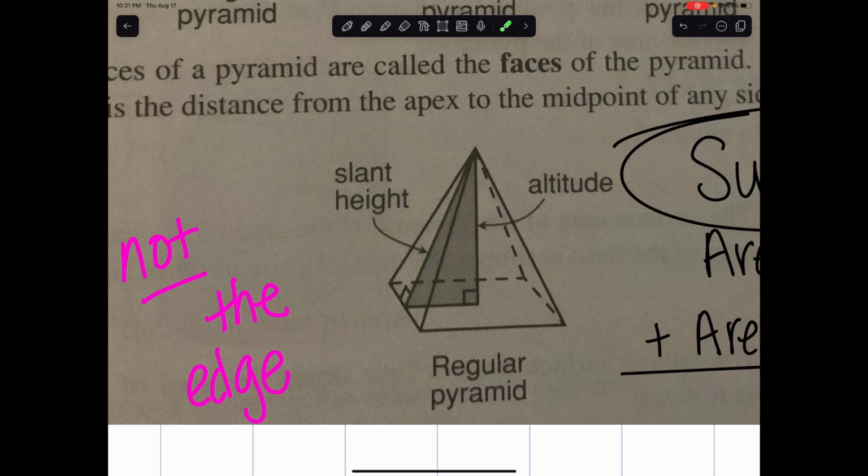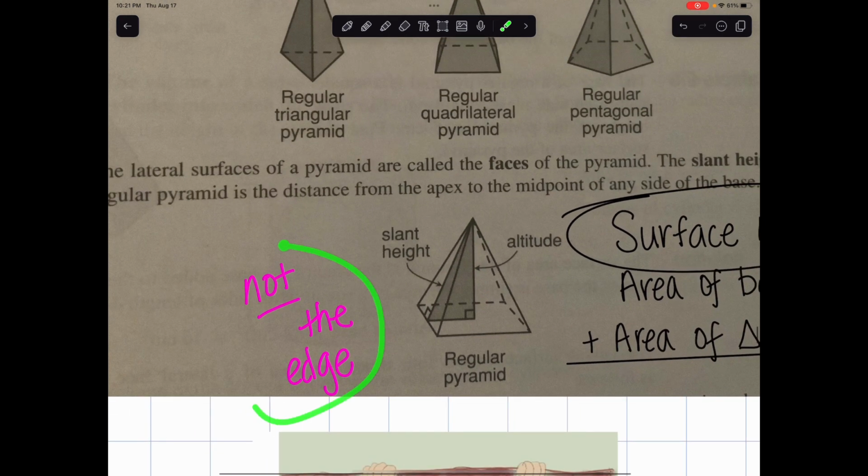It's also not this edge. It's a slant height, which is a line from the very top to a 90-degree angle to that edge. So it's right in the middle of any of these triangles. Okay, that's the slant height. So it's not the edge, and it's not the same as the height.